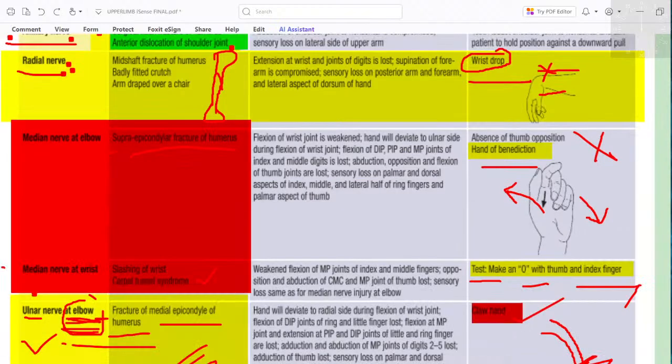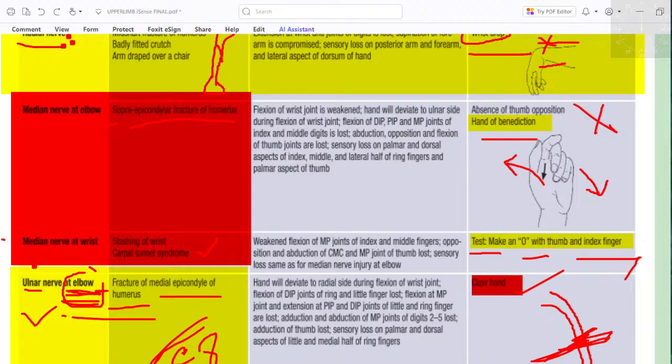From this chart, you will get a minimum of 2 or 3 questions just from this chart, and this is the clue. Nobody will tell you. But if you remember this chart properly, be 100% sure you will get a minimum of 2 or 3 questions. Anatomy is like math.